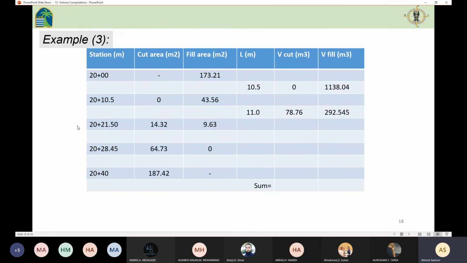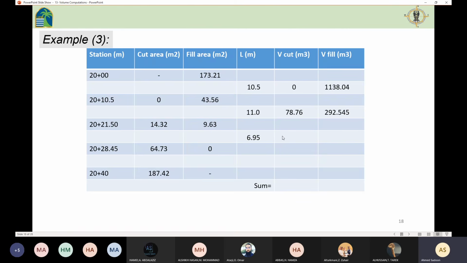Then we are going to move to the volume between station 3 and station 4. First, I need to determine the distance between the two stations. So this one minus that one is going to give me the distance between the two sections. Then I have areas for cuts, A1 and A2, and here we have areas for fill, A1 and A2.